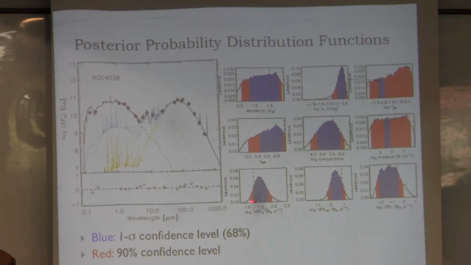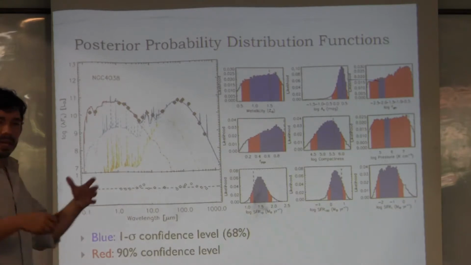So you know with 90% confidence that the star formation rate in the last 10 million years in that galaxy has been between 10 to the 1 and 10 to the almost 2, which seems a large range, but actually you can see differences from galaxy to galaxy. So these are what we're really interested in.